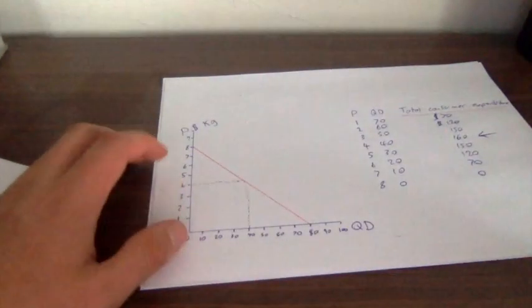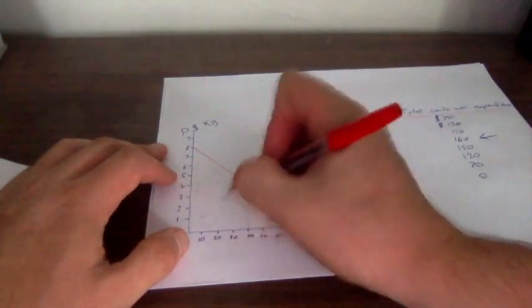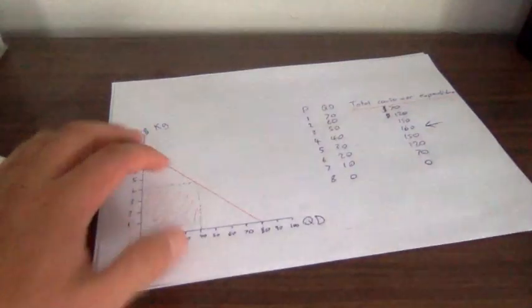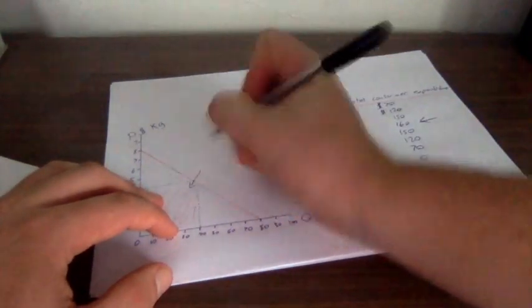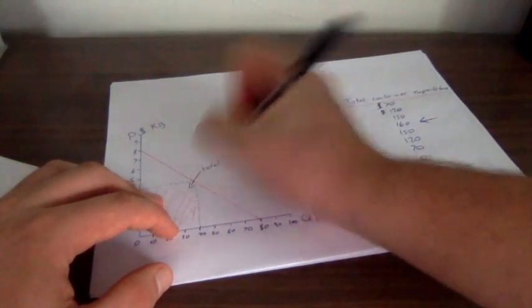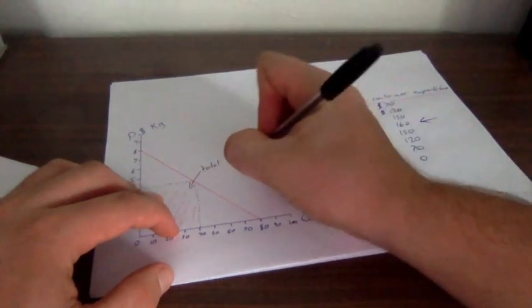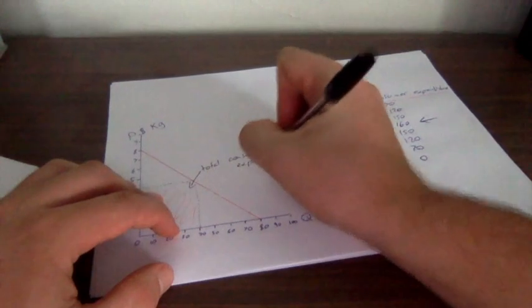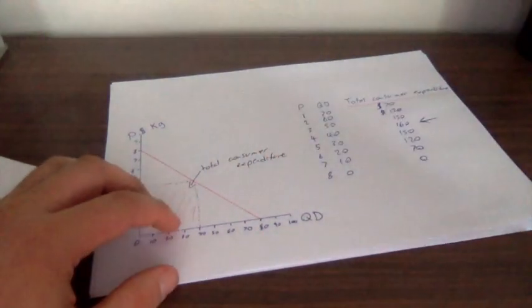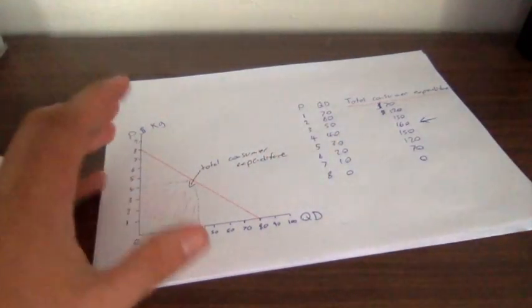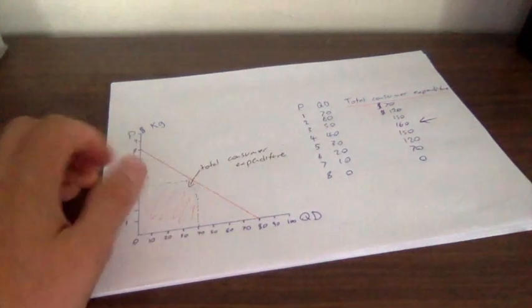What this area here represents is the total consumer expenditure. This is the total amount for the market that has been spent on bananas.